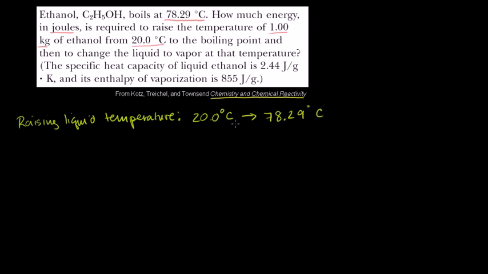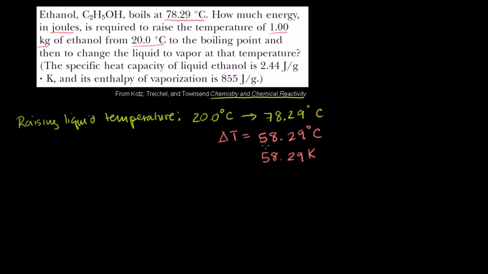So how much did we raise it? Well, 78.29 minus 20 is 58.29. So our change in temperature is equal to 58.29 degrees Celsius, or this could even be 58.29 Kelvin.